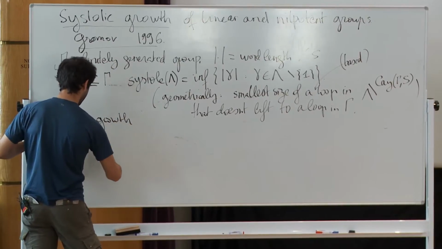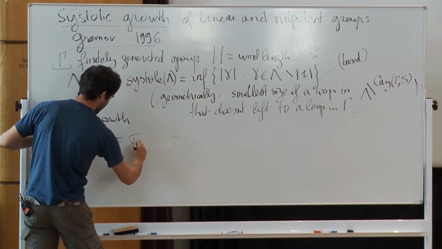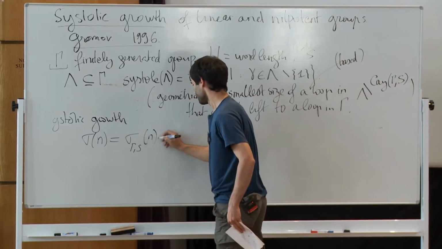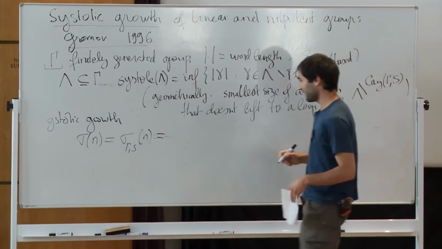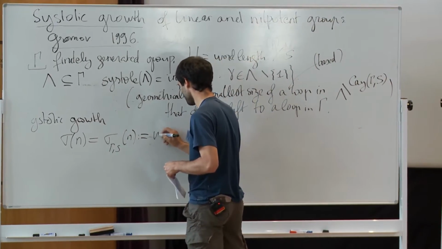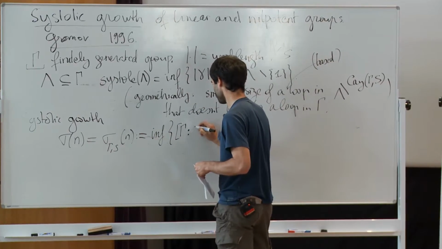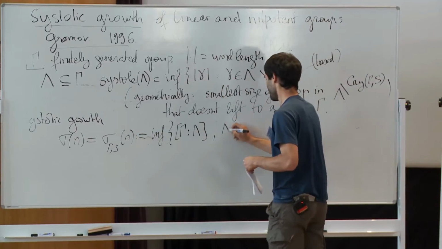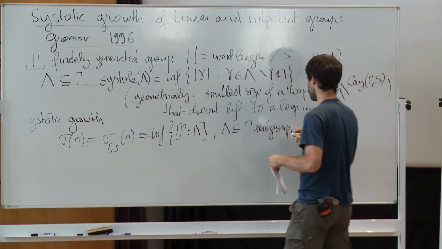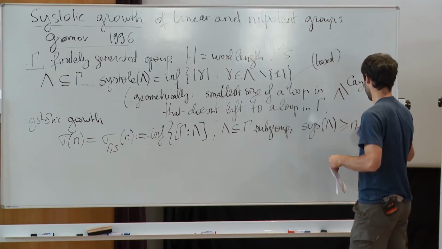Sigma of n, which depends on gamma and on S, the generating subset, is the smallest index of a subgroup lambda such that the systole of lambda is greater or equal to n.